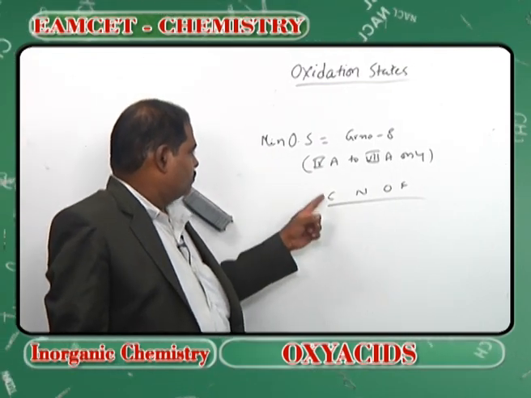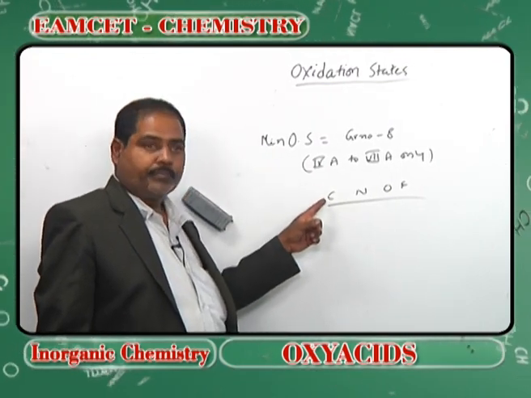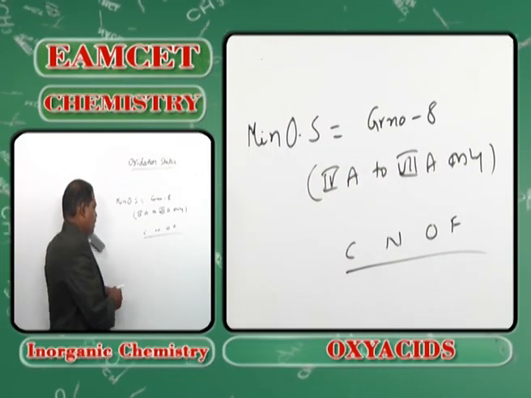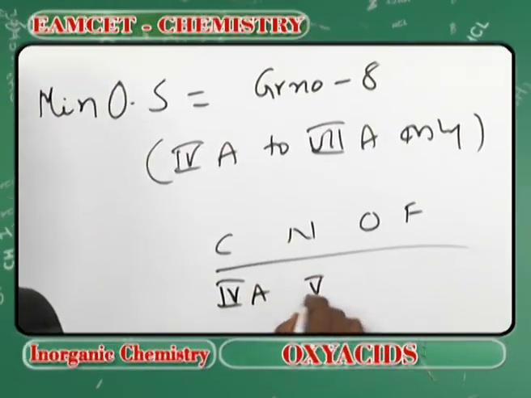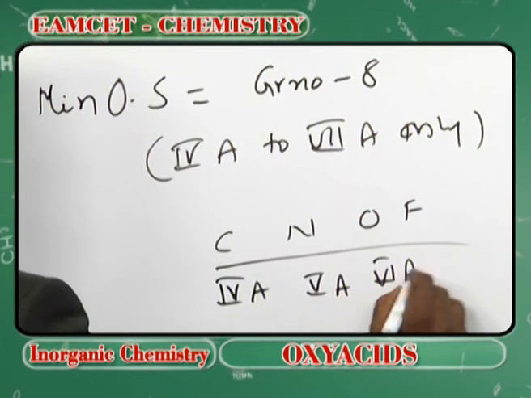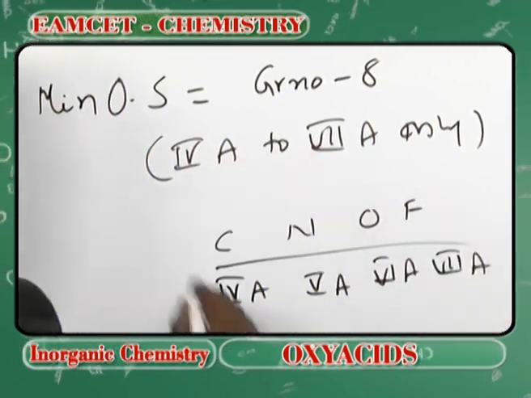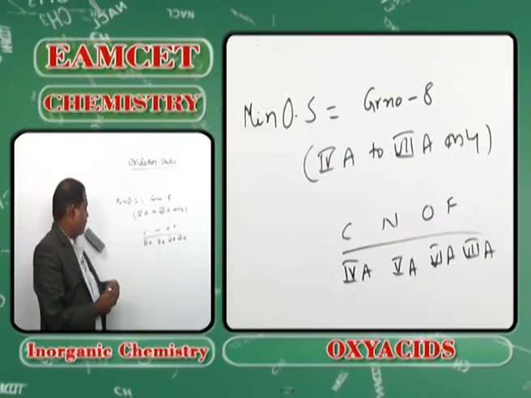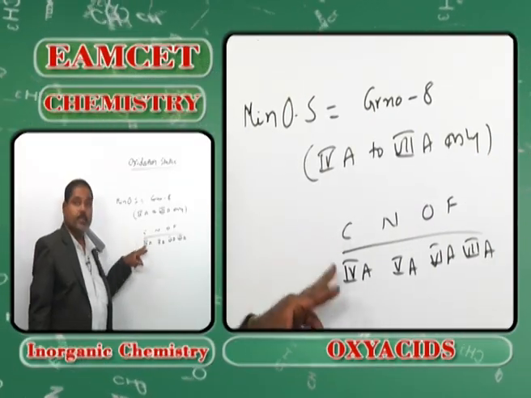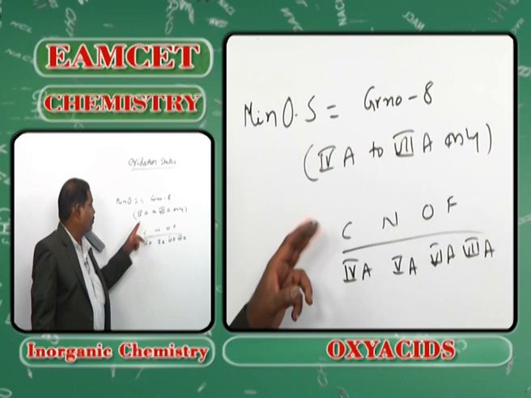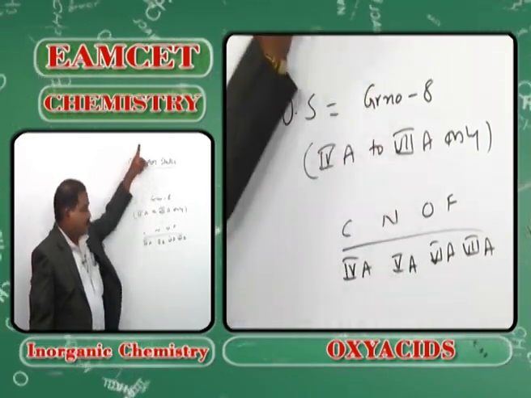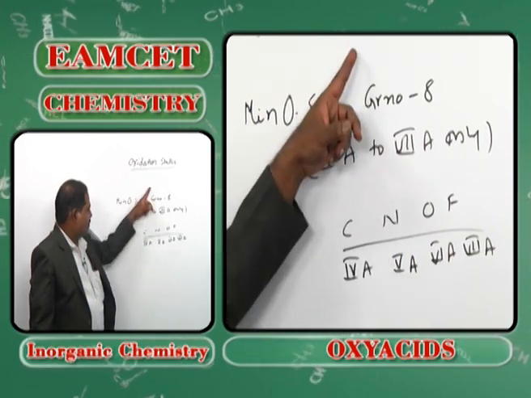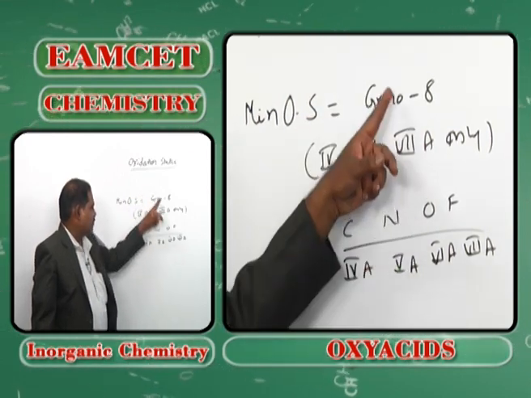So, what is the maximum of carbon? Obviously plus 4 because this belongs to 4A group. 4A, 5A, 6A, 7A, right? So, carbon maximum plus 4, minimum minus 4. How do you get it? Group number minus 8. Plus 5 is maximum, minus 3 minimum, plus 6 minus 2.